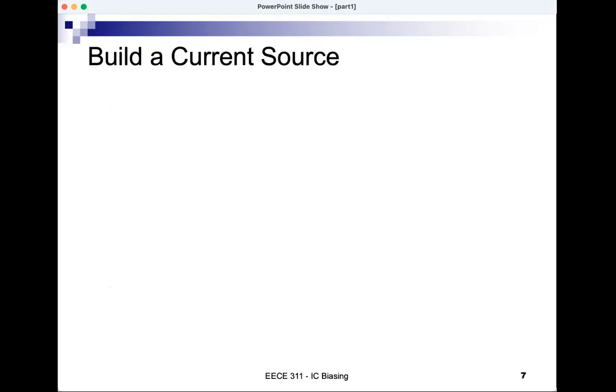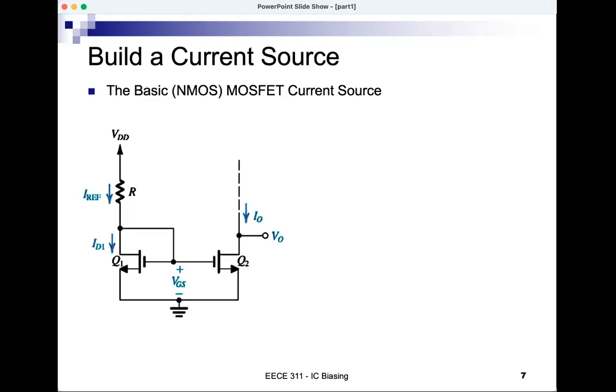Okay, let's start now with our first new circuit. We want to build the current source now. So here's the basic MOSFET current source using NMOS transistors, N-channel MOSFETs. Two MOSFETs, Q1 and Q2.